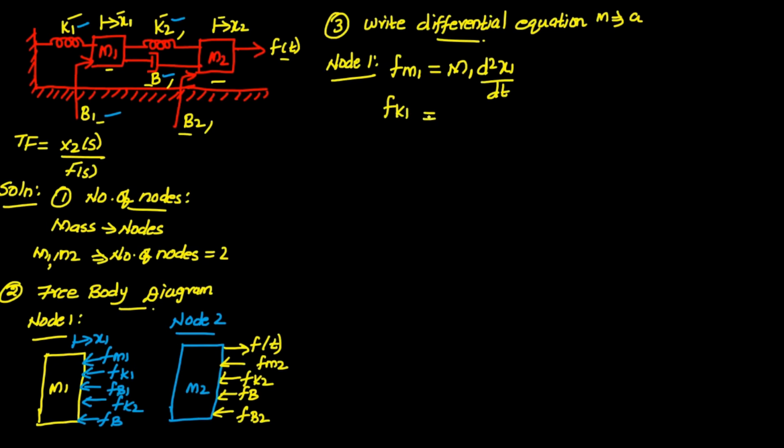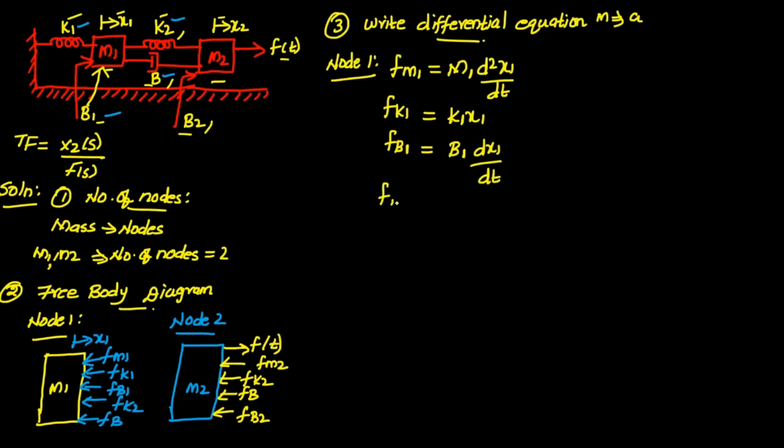So spring is related to displacement. So how will you write K1 into x1? Similarly, how will you write Fb1? B1 is literally connected to mass M1. So Fb1 is equal to B1 into dx1 divided by dt.